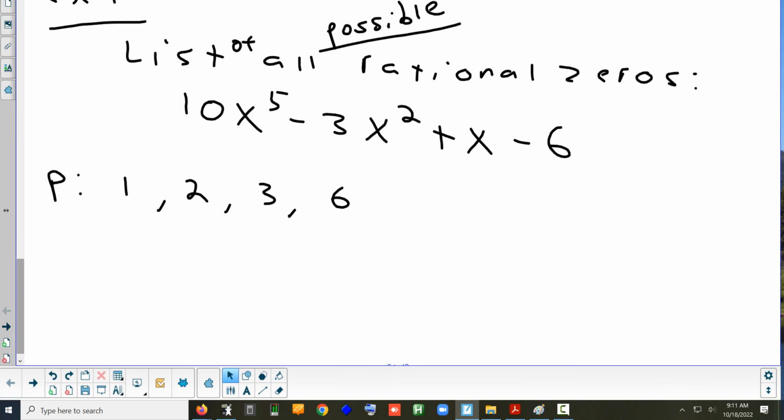That's half of them. Okay. Negative 1, negative 2, negative 3, negative 6. That's a lot of options for this kind of problem. That is quite a few. So we have 8 different options for P.